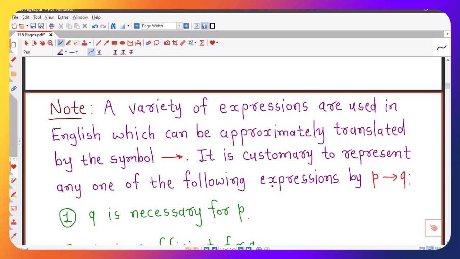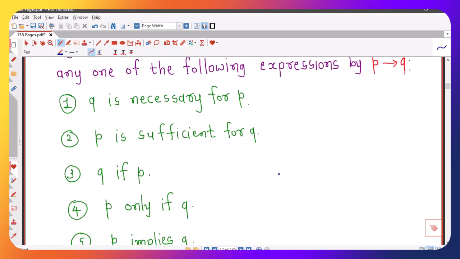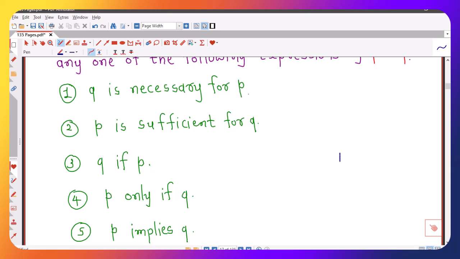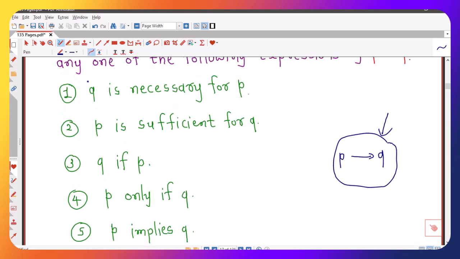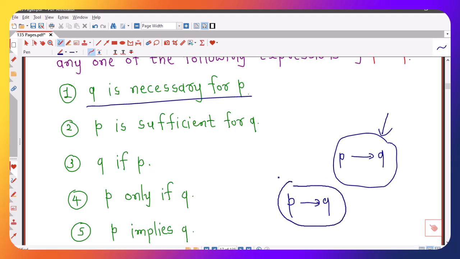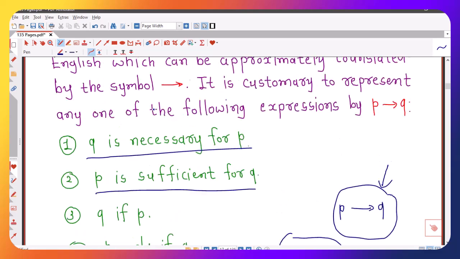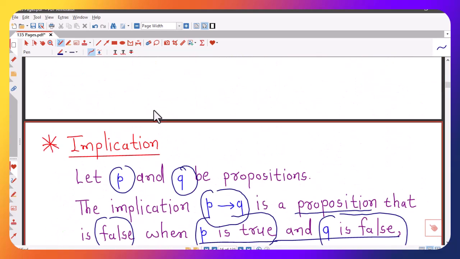In normal language, we use this conditional statement P→Q in all these situations. First one is: Q is necessary for P. When we are writing P→Q, that means Q is necessary for P. Another is: P is sufficient for Q. We can understand "Q is necessary for P" again with this example.